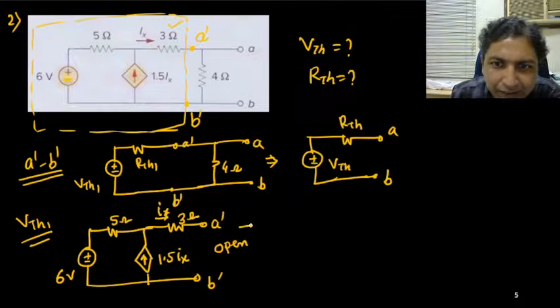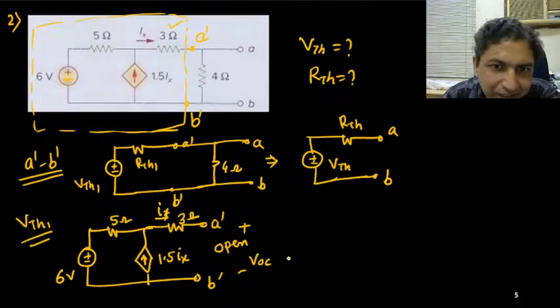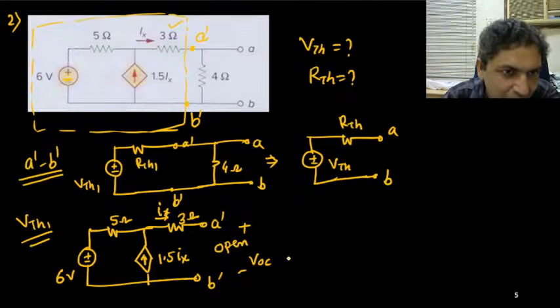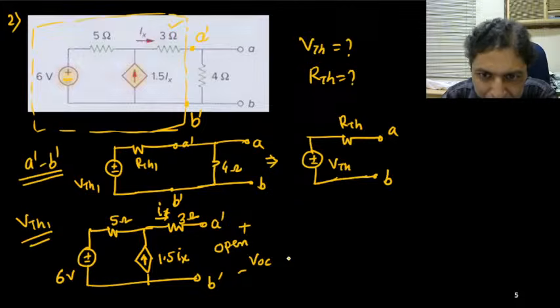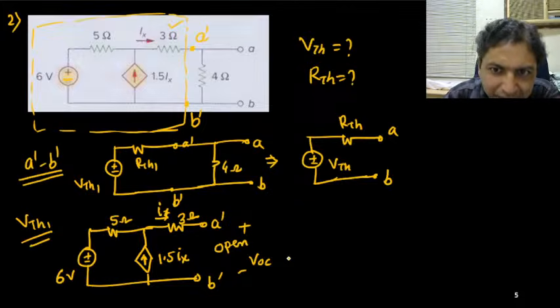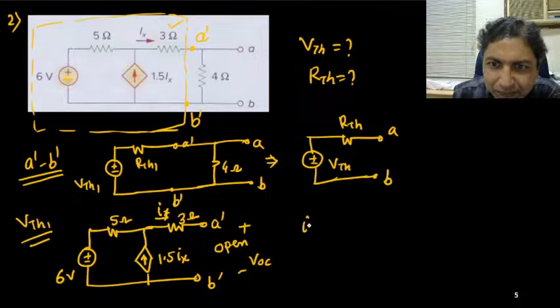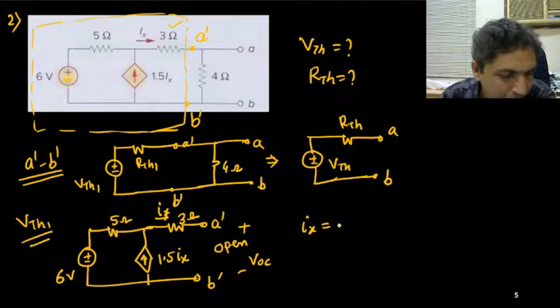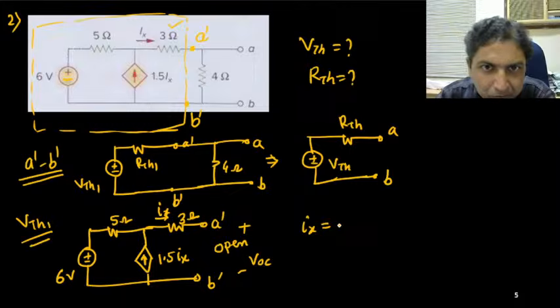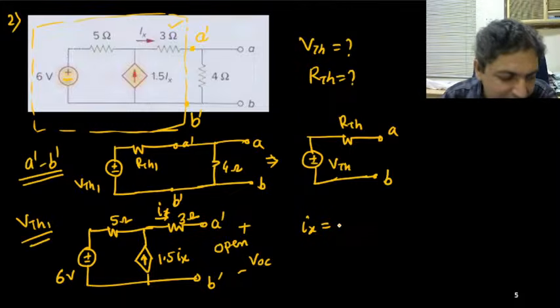So here this open circuit voltage VOC is nothing but the VTH1. So anyone can find out VOC. So under this open circuit condition, anyone can find out what is the Ix? Please let me know what is Ix.